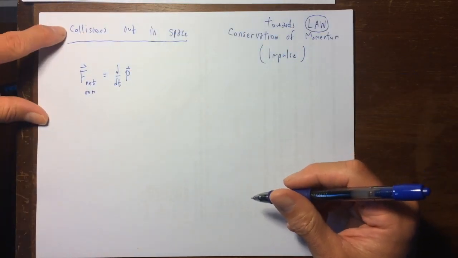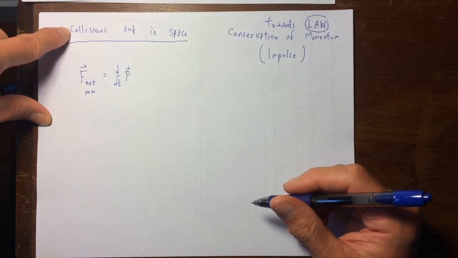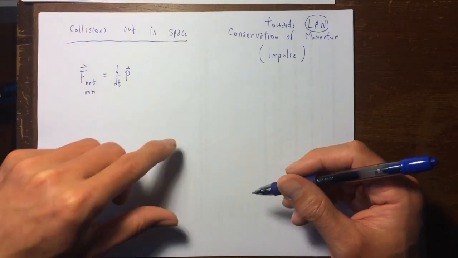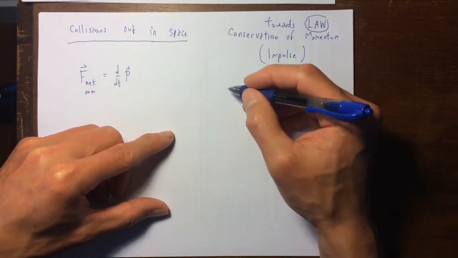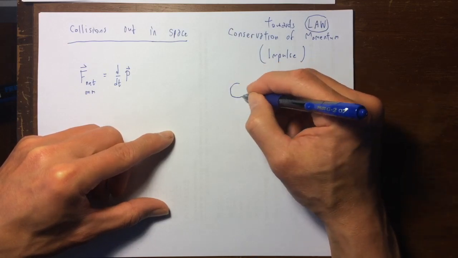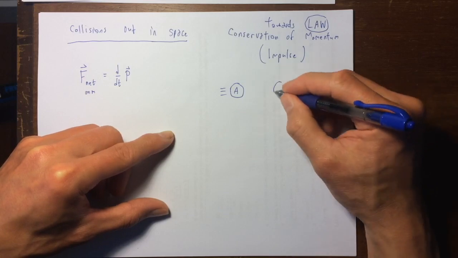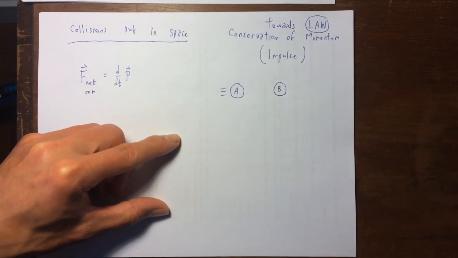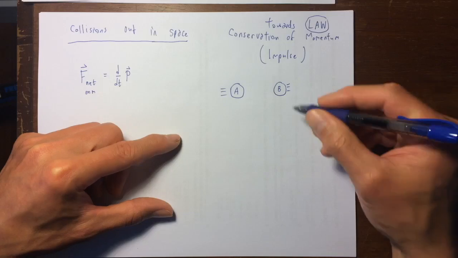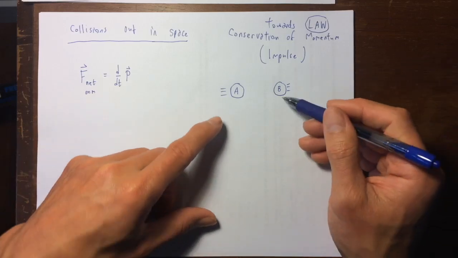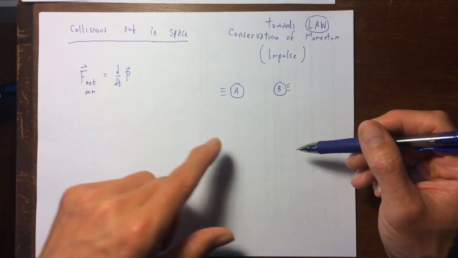The reason that I'm putting this word collision up here is I want to study the case of, for example, here comes an object on its way in, and here is another object. Let's say that this could be the scenario that B and A are on a collision course.